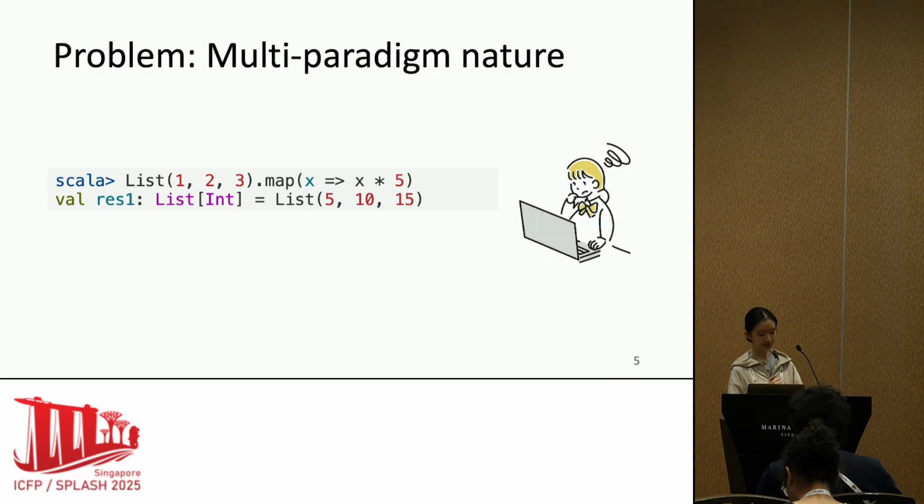For instance, higher order functions like map are a functional feature, but they use the object-oriented style dot notation. And this makes it a little bit challenging for me to explain, for instance, how many arguments the map function receives. So there are some inconveniences with full Scala.